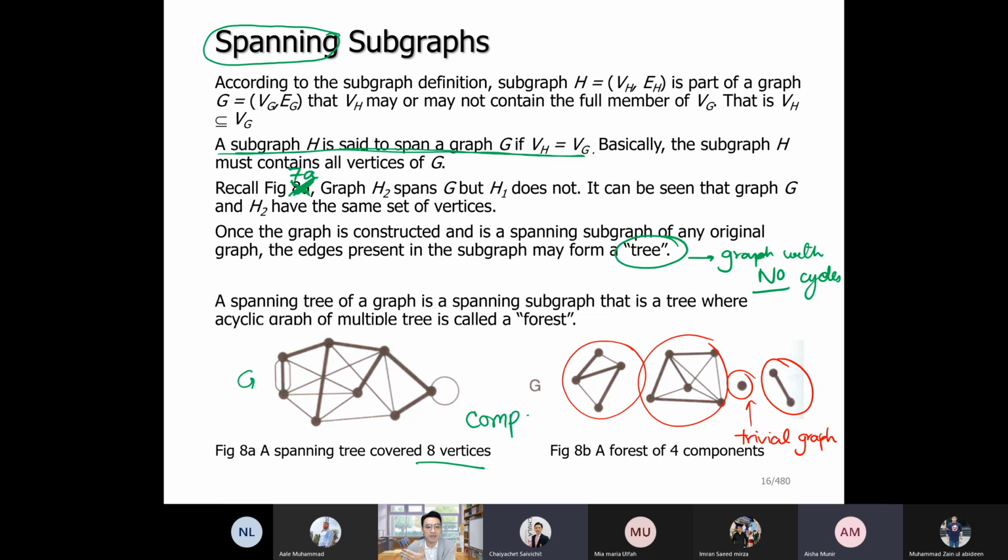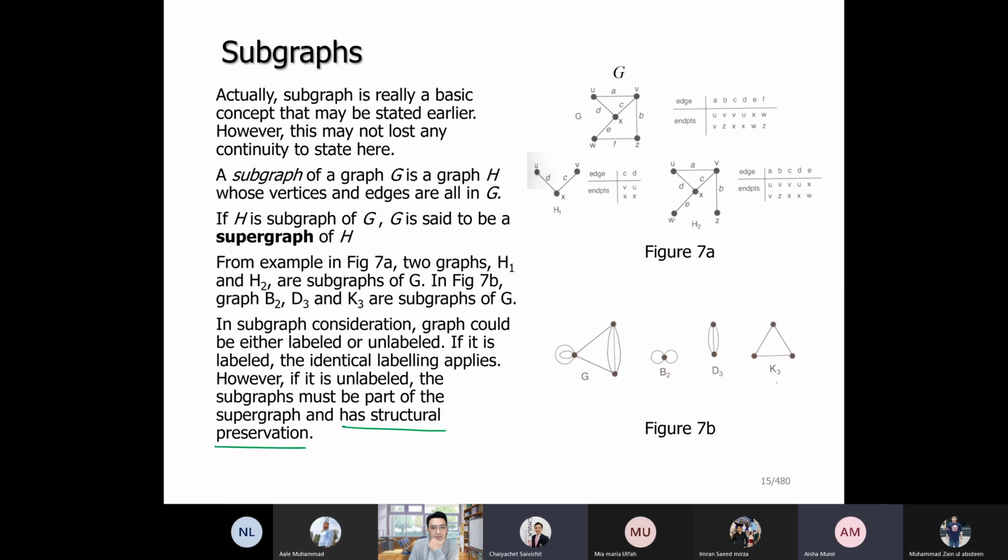Sir, can you go to the last slide? I have a question from the last slide. This one? Yes, sir. In H2, if we remove the edge B, then it is a spanning tree? H1 or H2? H2.